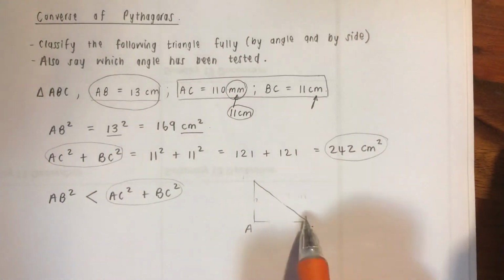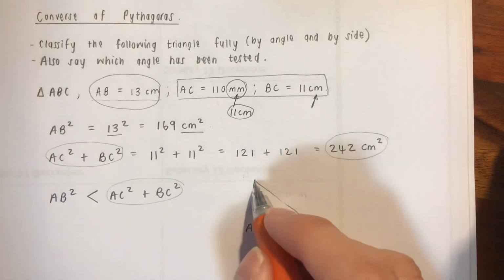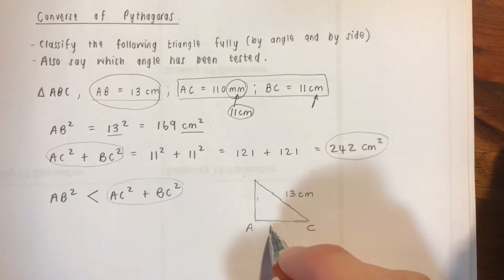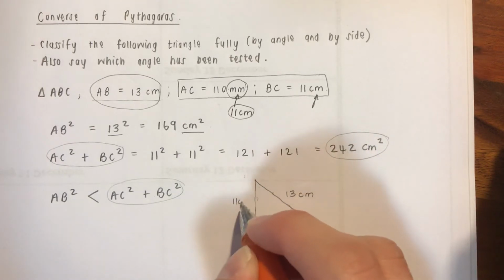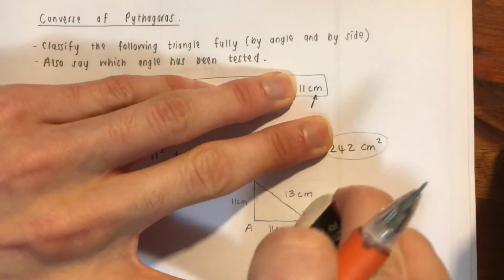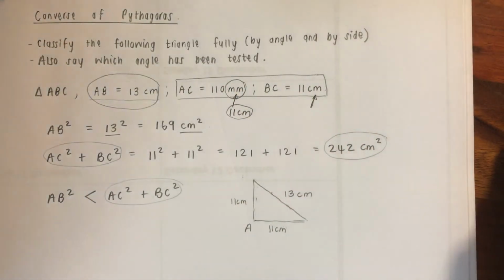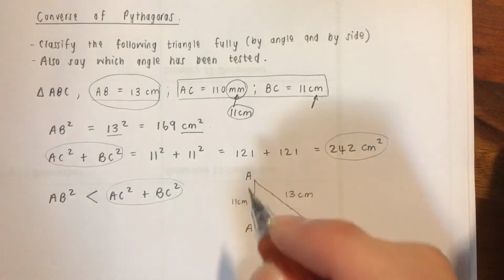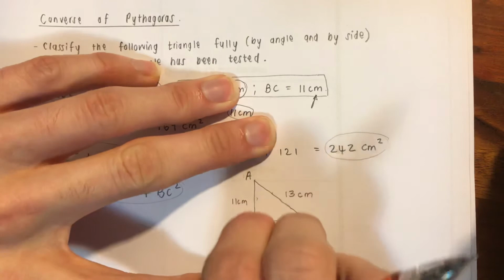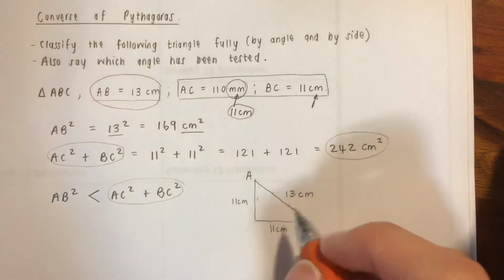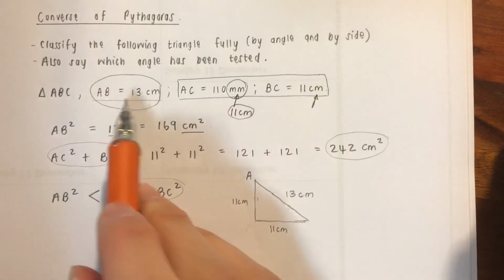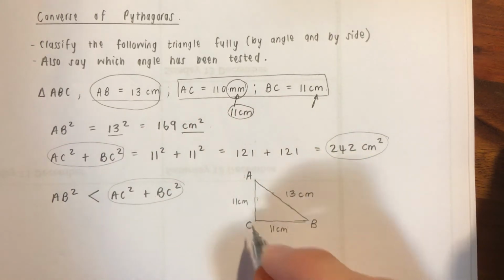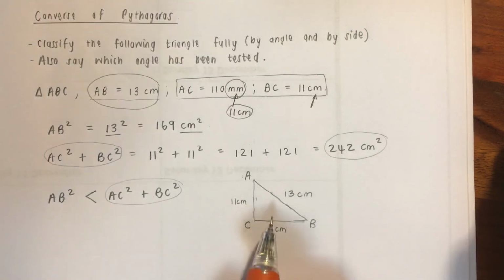We're going to make this one the longest side, the 13 centimeters, and then we have 11 centimeters and 11 centimeters. Let's erase point C as well. Let's make that A, and A, B is the 13 centimeters, and then that is C. So you just make a quick sketch here.